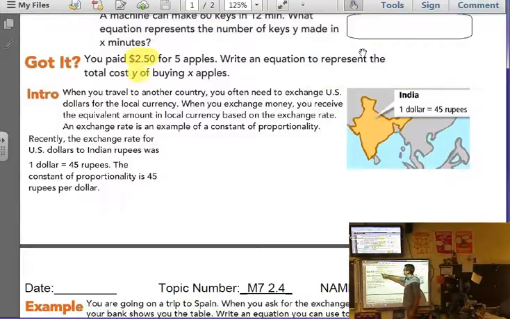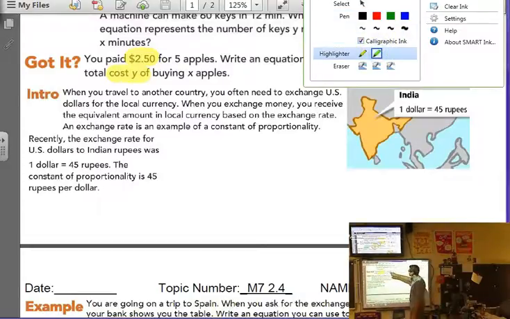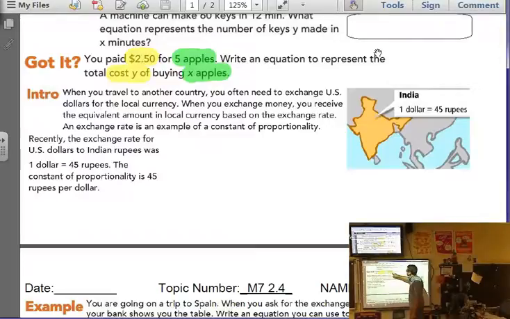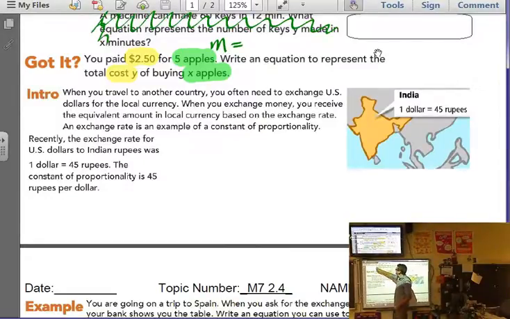Y is the total cost of buying x amount of apples. I know, I got a little tight on this page of paper.